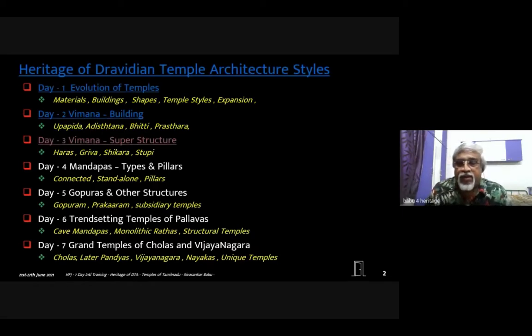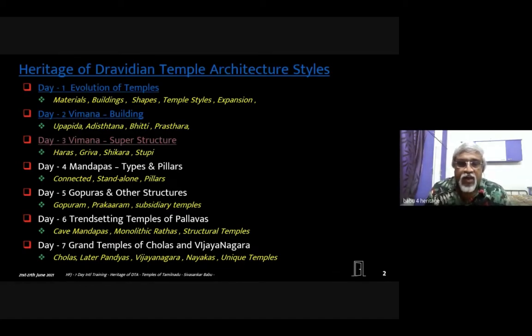Yesterday there were some requests saying that some of the terms are in Tamil, some in Sanskrit or English. So for your convenience, I am again putting these terms in clarity. The yellow one is Tamil for people who can read Tamil, the second one is Sanskrit in red, and the third one is in English or the architectural equivalent.